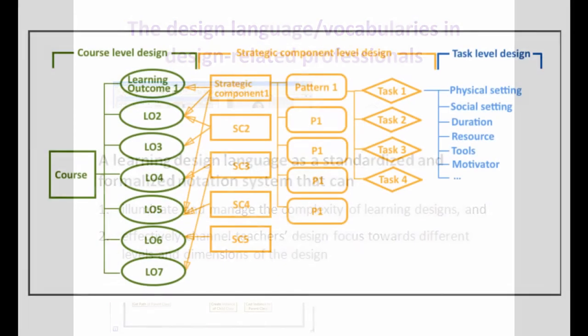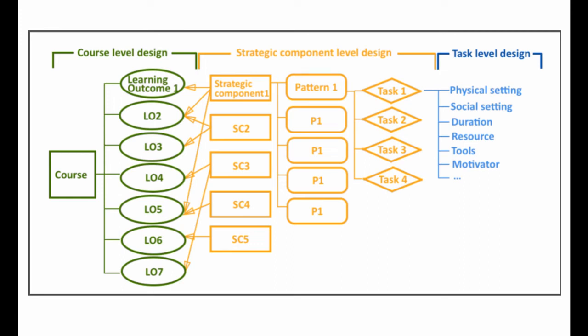a course design. By integrating the OBE and design patterns, we put forward a three-level hierarchically nested learning design pattern language to conceptualize the process of a course design. Especially, a course design starts with defining the target learning outcomes in three categories, namely disciplinary knowledge, disciplinary skills, and generic skills.